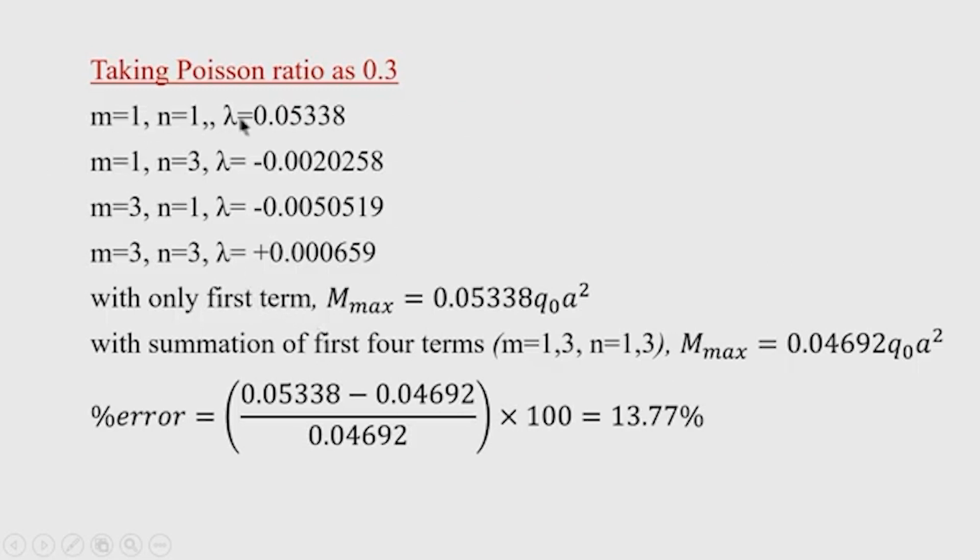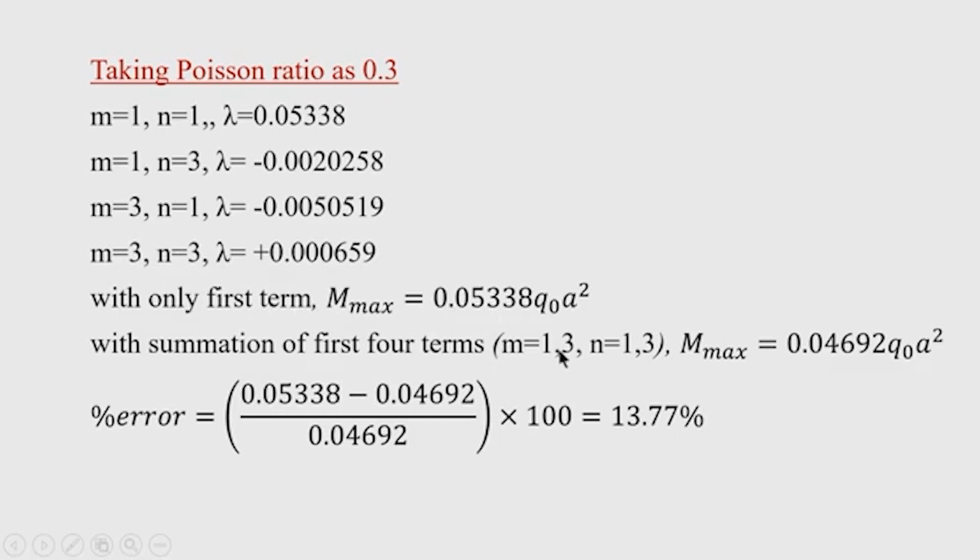Taking only the first term, we get the coefficient of bending moment as 0.05338, and with other terms we calculate the coefficients, and then when we sum up the terms, we get the difference.